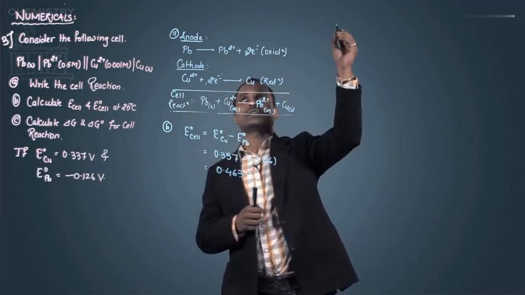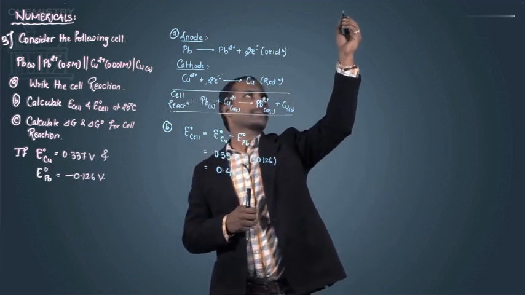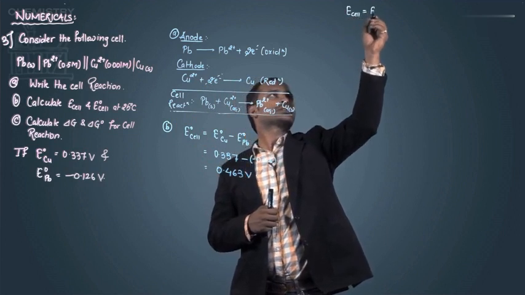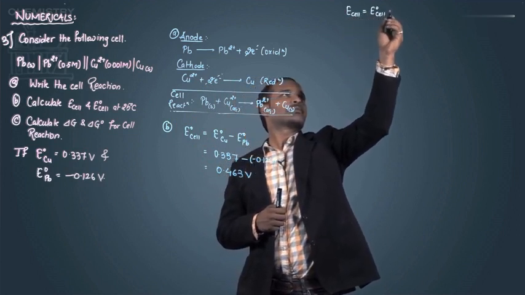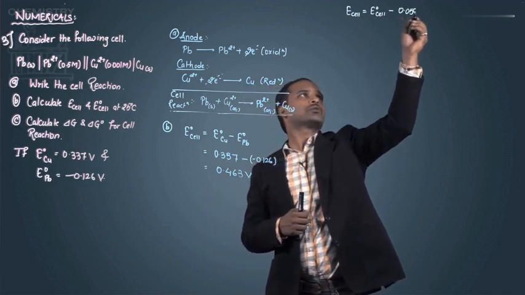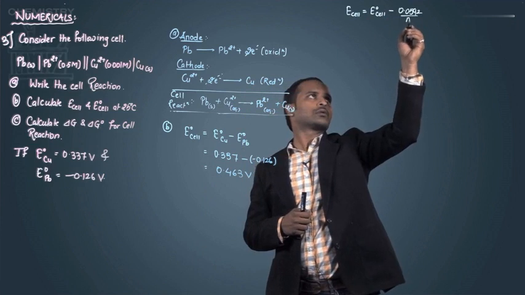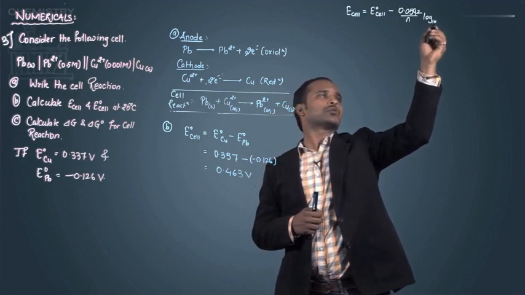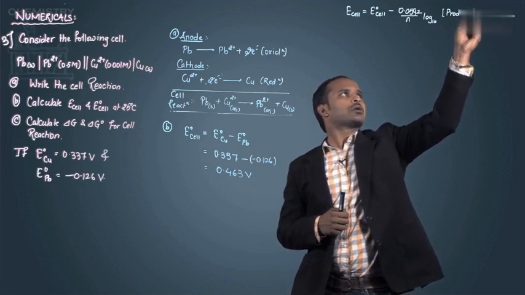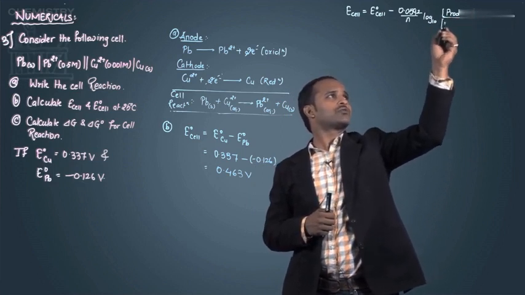So the Nernst equation, E cell is equal to E naught cell minus 0.0592 upon n log to the base 10 of the molar concentration of product upon the molar concentration of reactant.